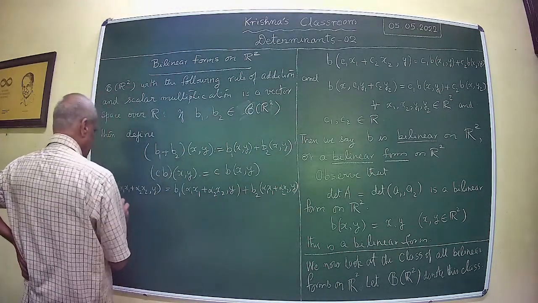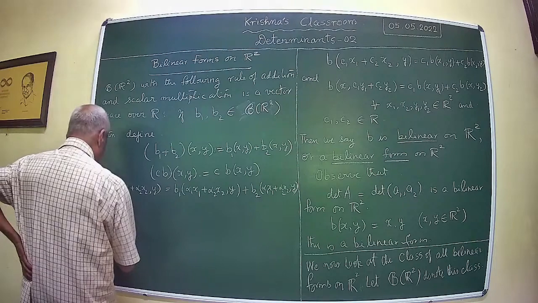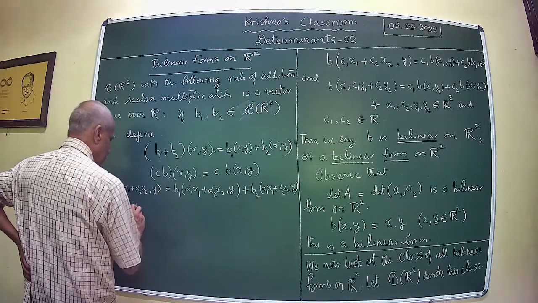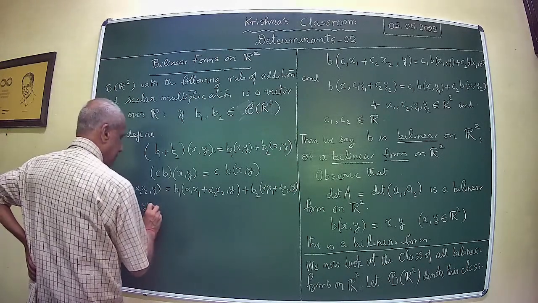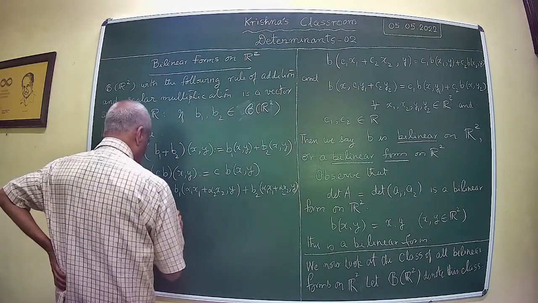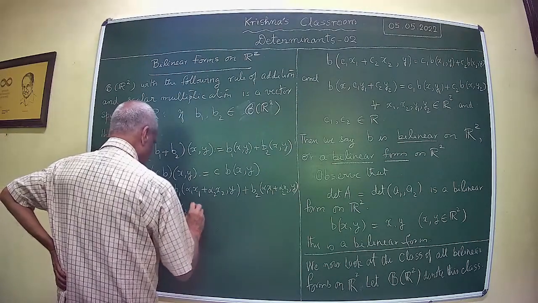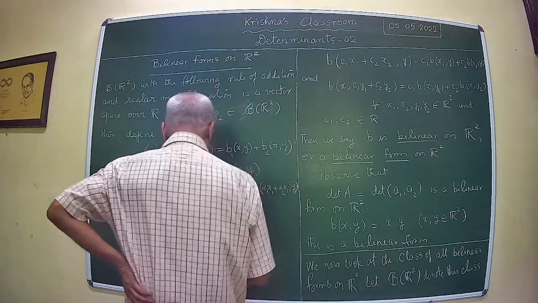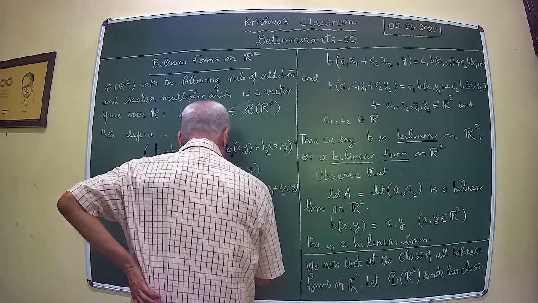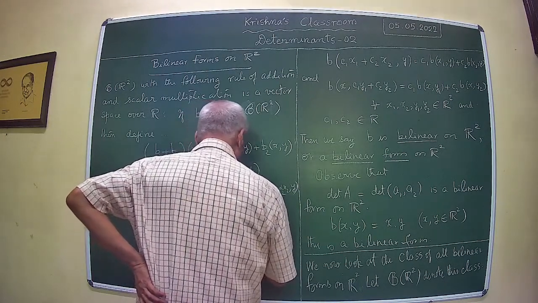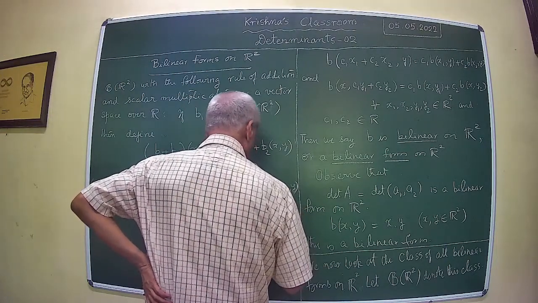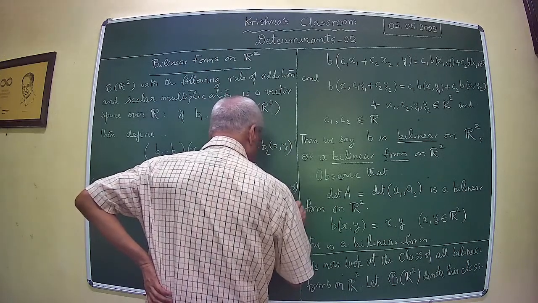Therefore this is equal to alpha1 B1(x1, y) plus alpha2 B1(x2, y) plus alpha1 B2(x1, y) plus alpha2 B2(x2, y).